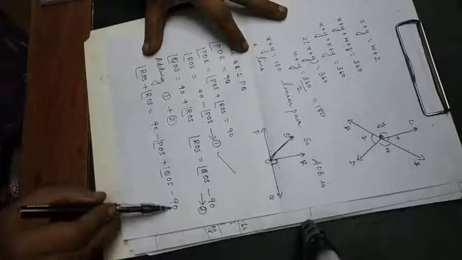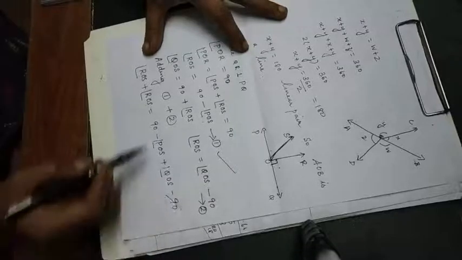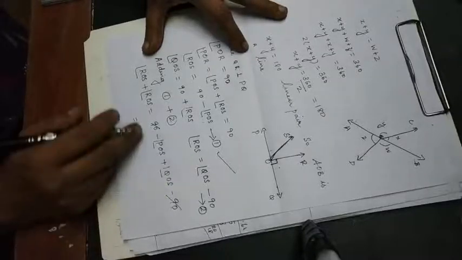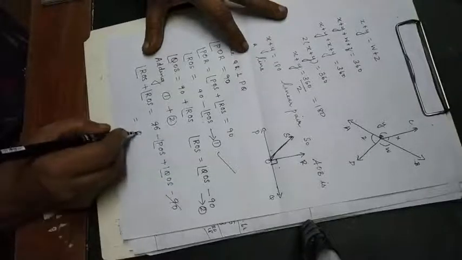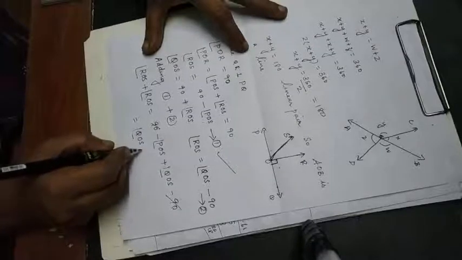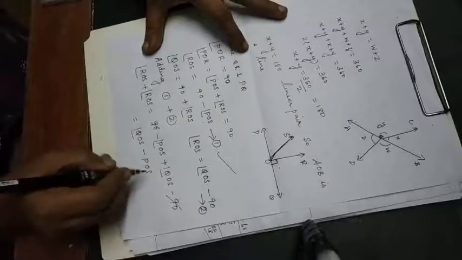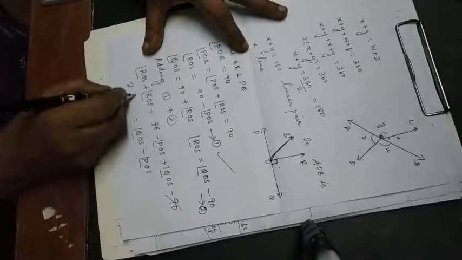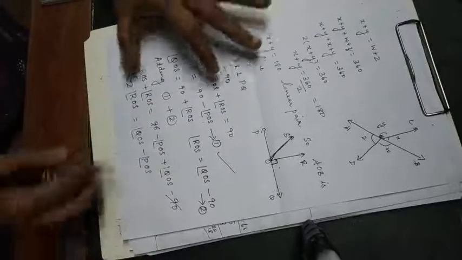So 90 minus 90 will get cancelled, and that is equal to QOS. Let us take positive first: QOS minus POS. So here it will be ROS plus ROS, that is 2 times ROS.